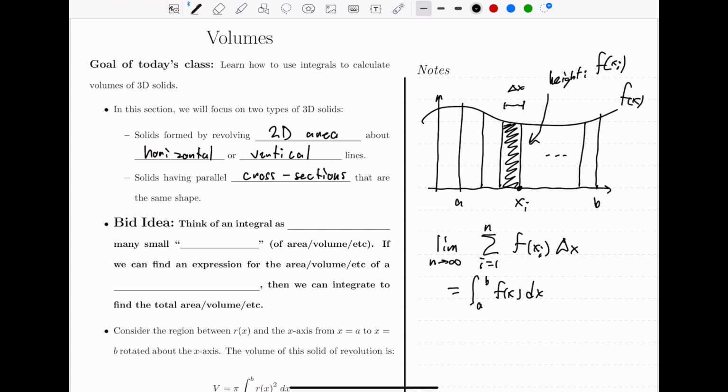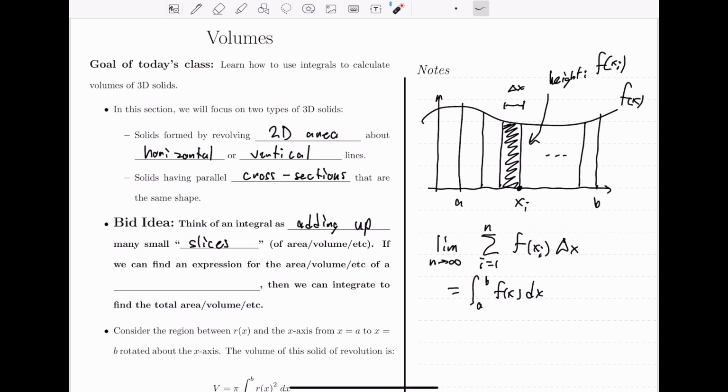As we begin this section, I want to shift the way that we think of an integral. I want to think of an integral as adding up many small slices. And these slices could correspond to area, they could correspond to volume, they could correspond to other physical concepts as well, such as work or pressure or mass, other sorts of things as well.